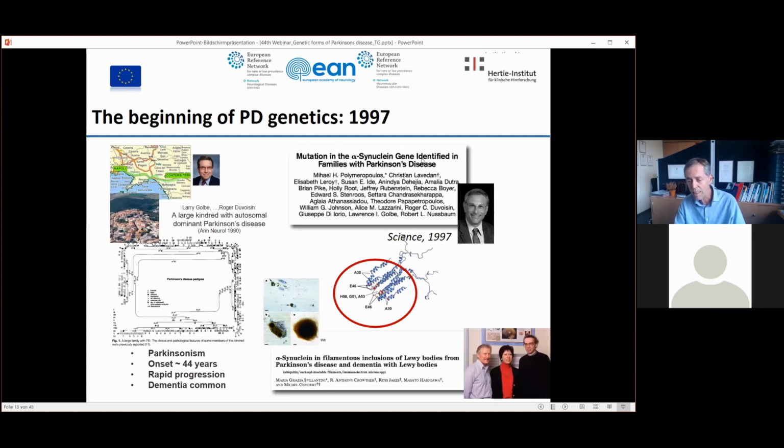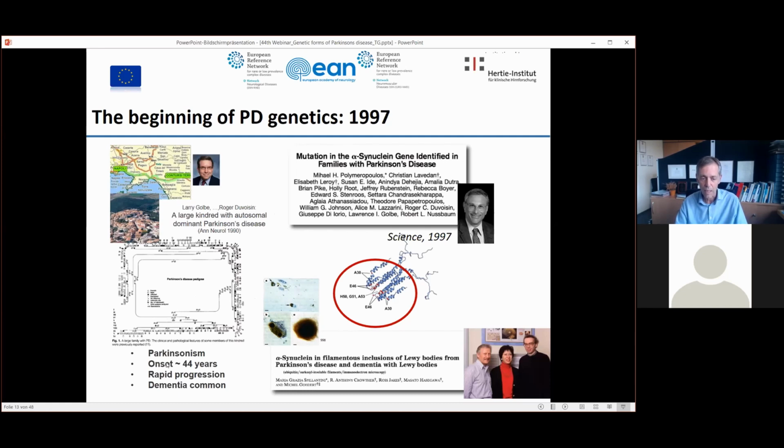A very little known gene at the time, but it turned out that a point mutation in this gene is the cause for Parkinson's disease in this large family with an autosomal dominant inheritance pattern.